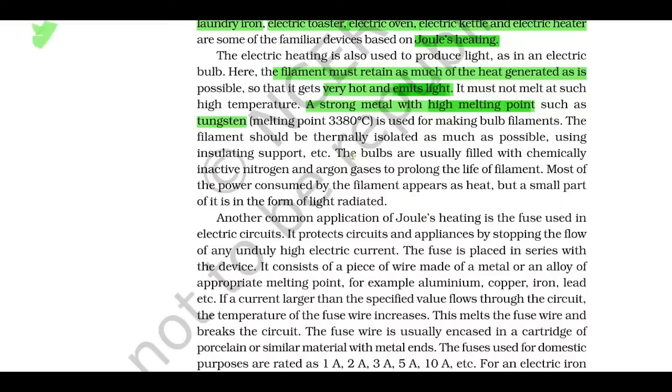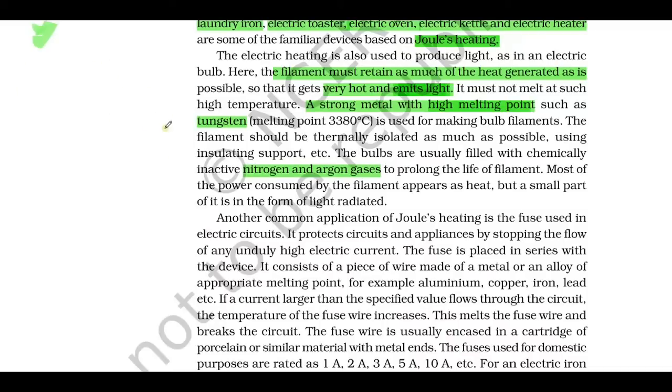Also, bulbs are usually filled with chemically inactive nitrogen and argon gases to prolong the life of the filament. Name the gas which is used in the bulbs. The answer is nitrogen and argon gases. In case it is an application question, you can get a question like why are bulbs usually filled with nitrogen and argon gases?